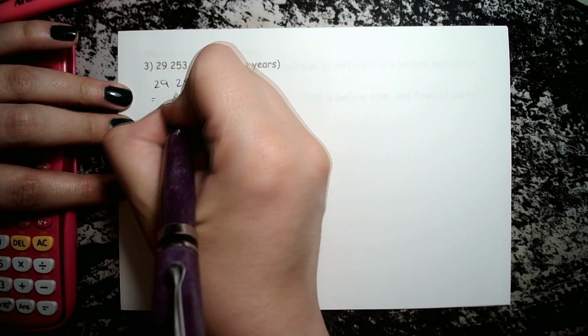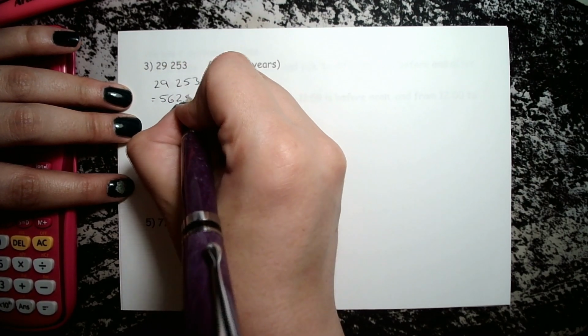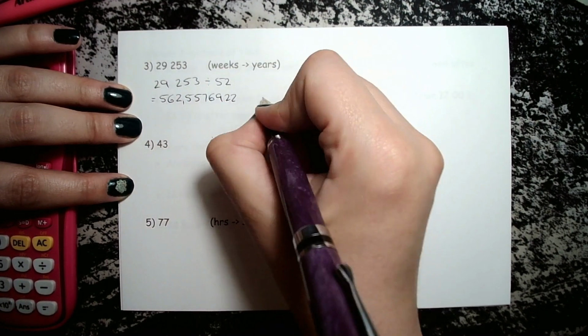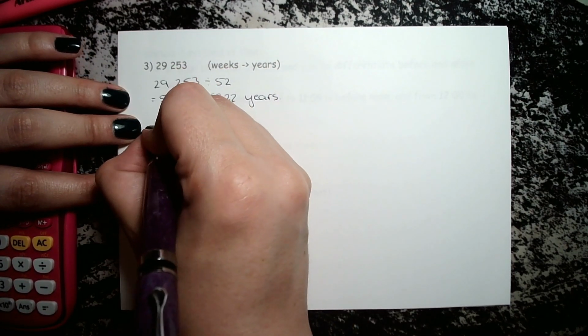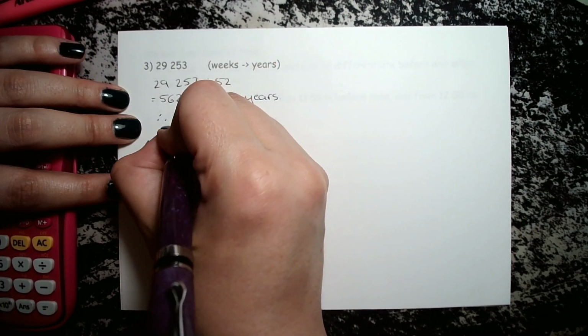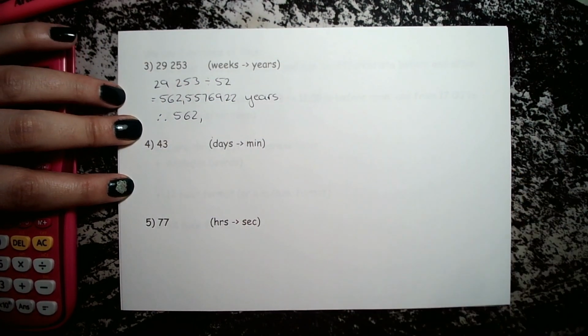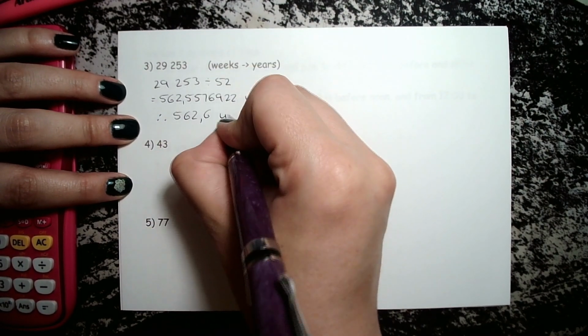And we get 562.5576922 years, which we can therefore say is 562 and a half. We can round it to a half, or even comma 6 if you really want to. We can round it to 6 years.